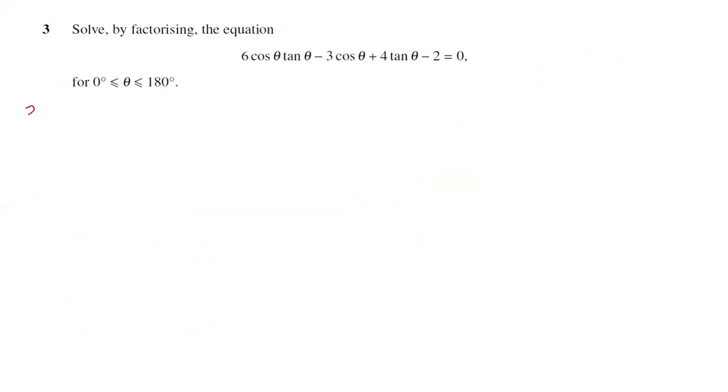The factorization: 3 cos theta times (2 tan theta minus 1) plus 2 times (2 tan theta minus 1) equals 0.